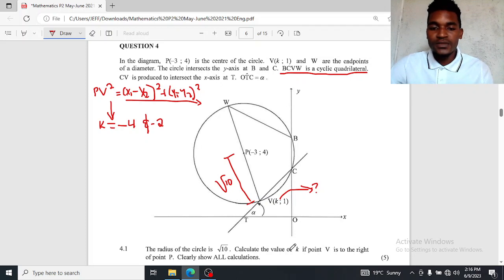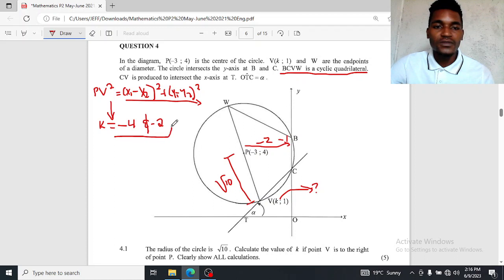So remember the statement says that point V is to the right of point P, and we have 2 values here. If we check point P, we know that our x value is -3, and to the right we're going to have -2, -1 and 0.